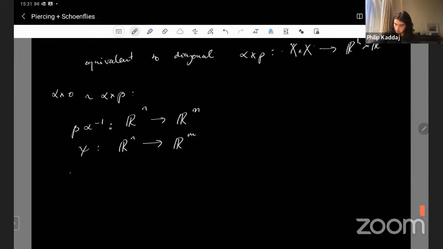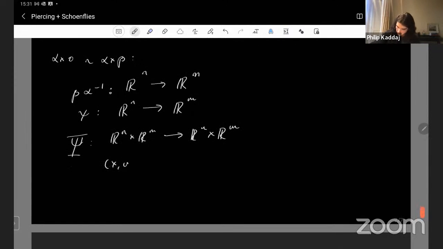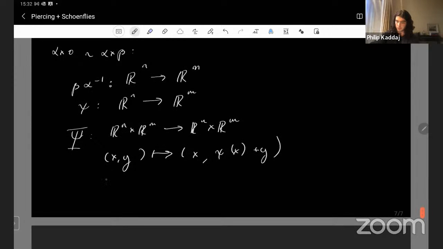And then we define psi, which is now a map from... I would like to notice that this is a homeomorphism with inverse the following.